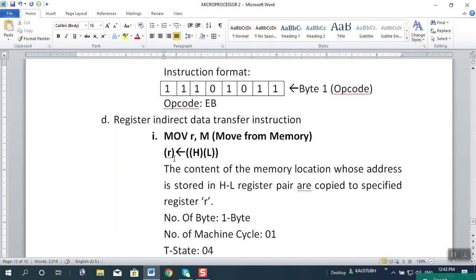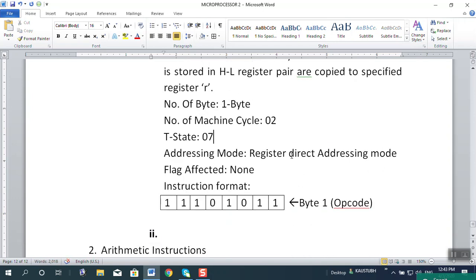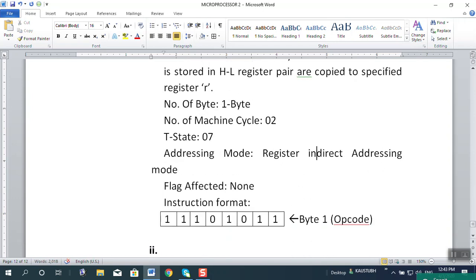Okay, so this is a 1 byte instruction, and machine cycle here is 2. In the first machine cycle there are 4 T states, and the second is 3, so a total of 7 T states. Addressing mode is register indirect addressing mode. Flag of course none.